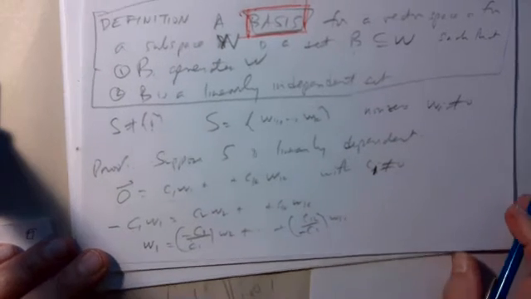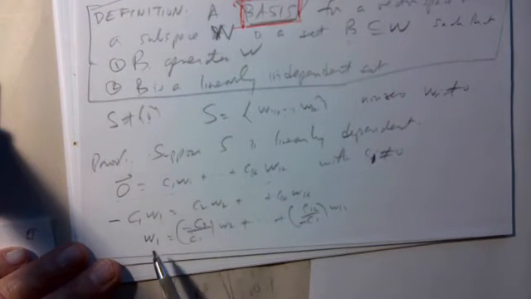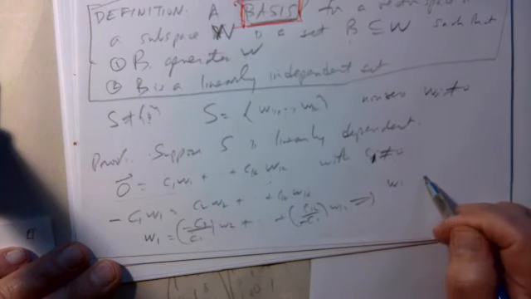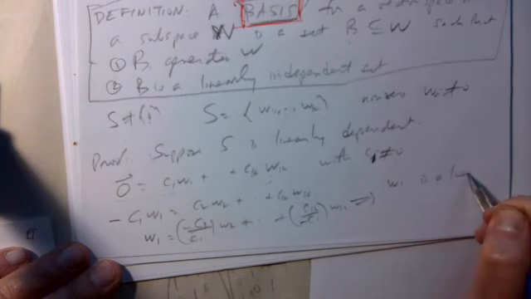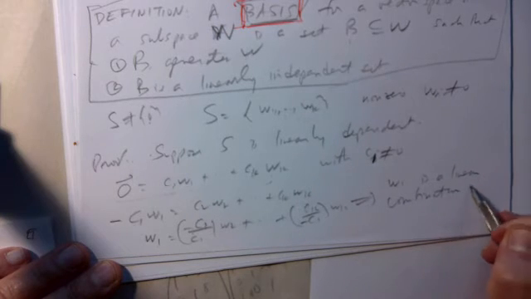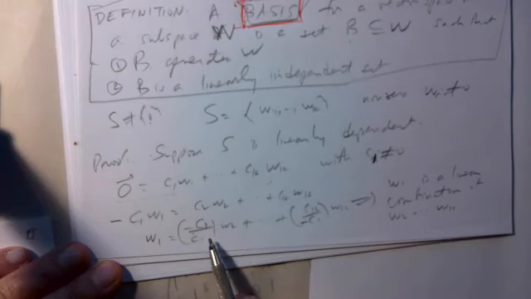In other words, if this coefficient C1 is not zero, then W1 is in fact a linear combination of the vectors W2 up to WK.